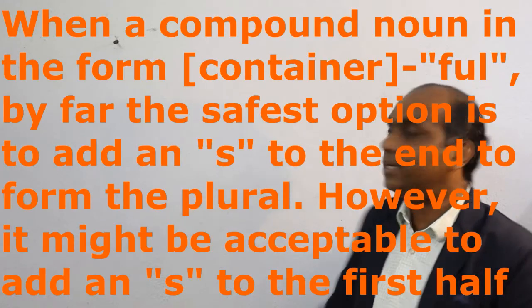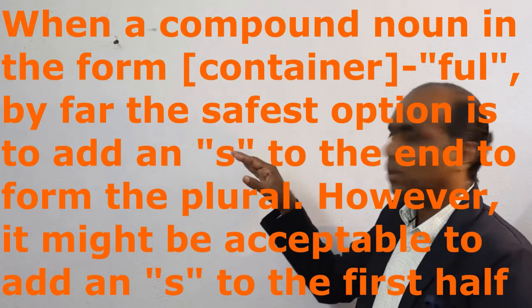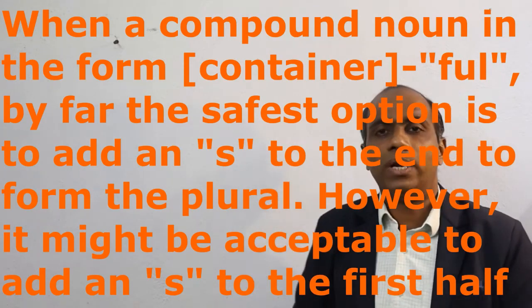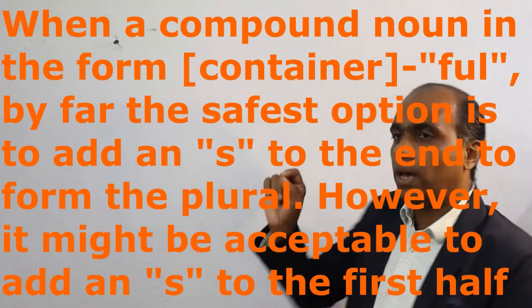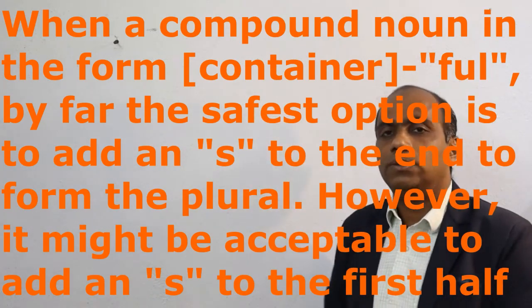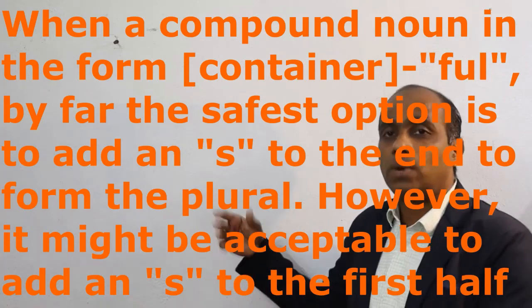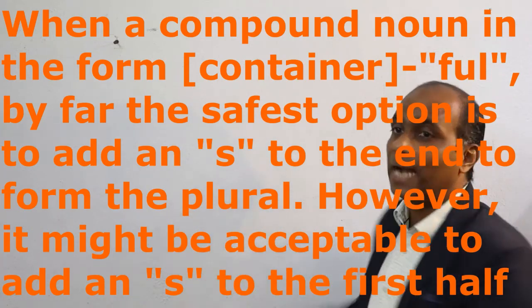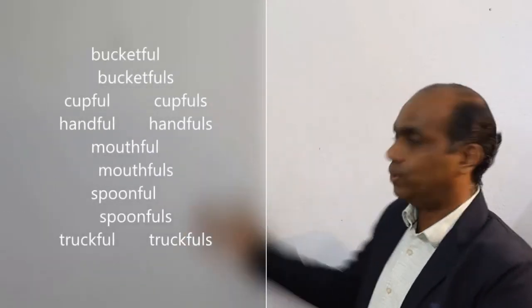Now 6, forming the plurals of compound nouns ending in full. When a compound noun has a word ending with full, in most cases we add an S to make the plural form of it. Bucketful, bucketfuls.